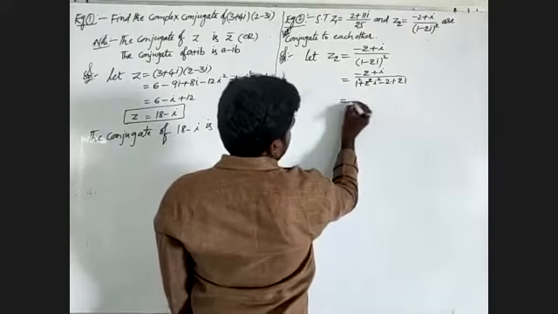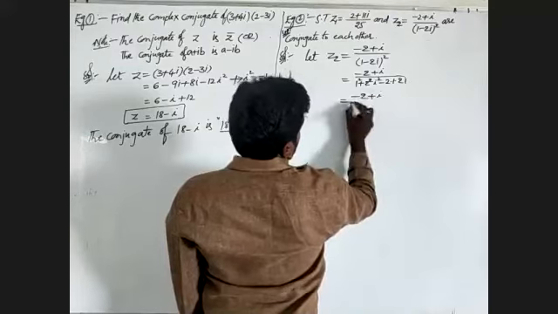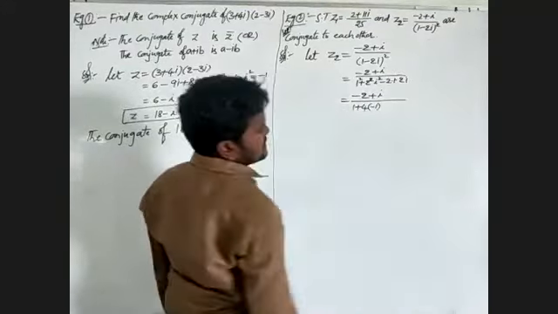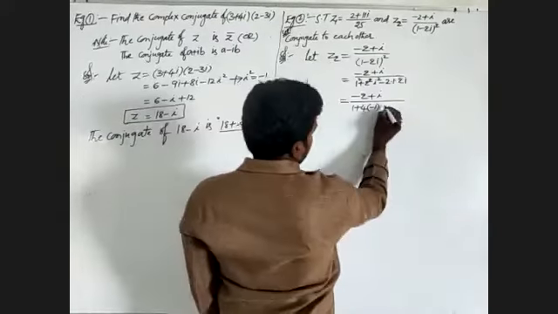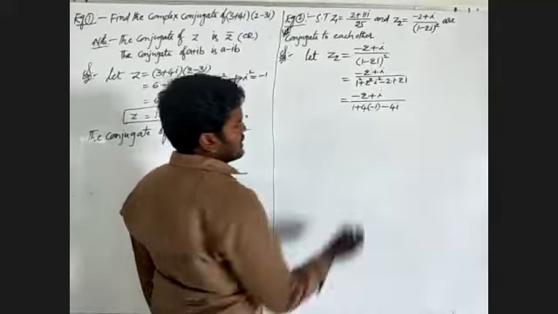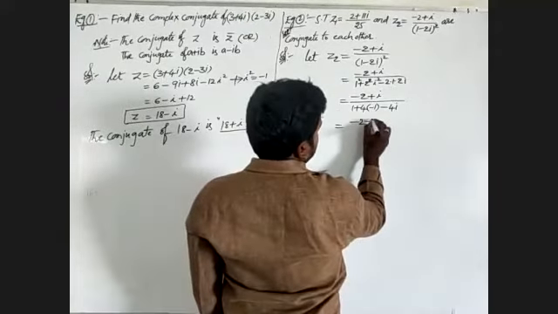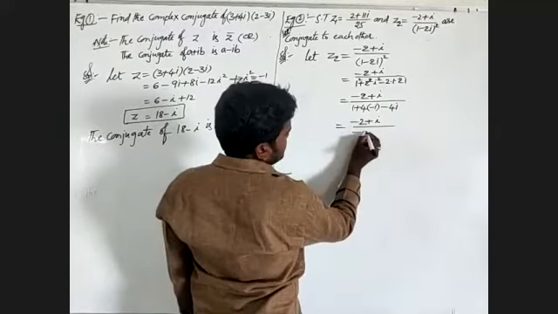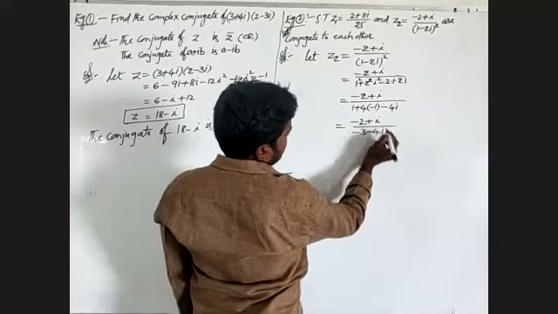That means (-2 + i)/(1 + 4i² - 4i), where i² is -1. So it is (-2 + i)/(1 - 4 - 4i), that becomes (-2 + i)/(-3 - 4i).